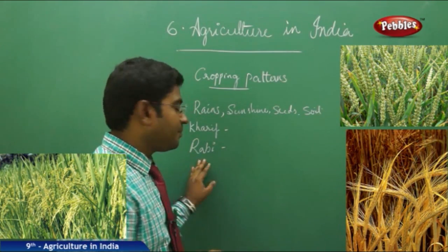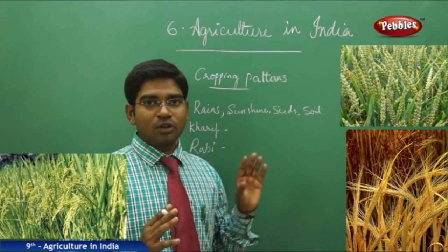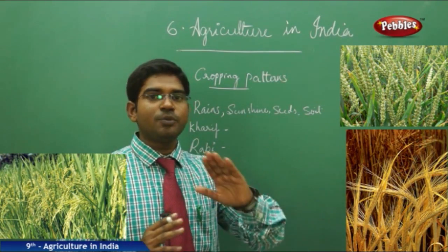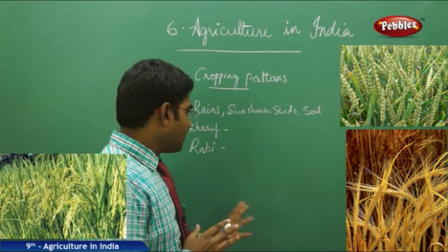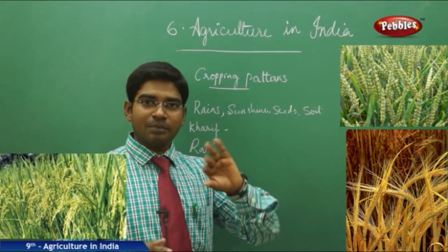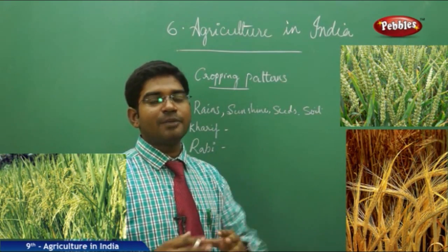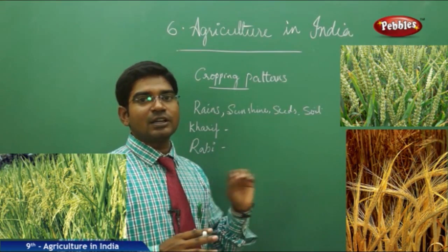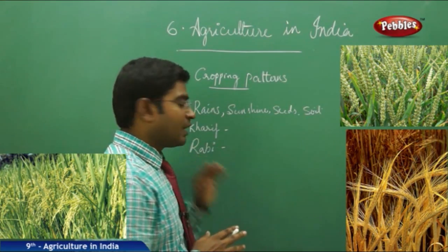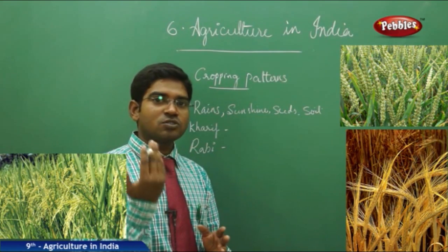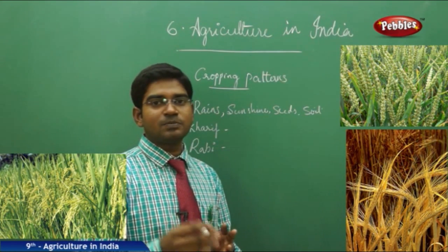But when it comes to Rabi, the temperatures are moderate, because the season runs from November to April. This November to April period doesn't have much hot sun. Only in the later part of March and April do you get the sun's heat. So by March, the season comes to harvest. This is the Rabi period, and we get the second cropping pattern. The most famous crop is wheat, and all these play a vital role.